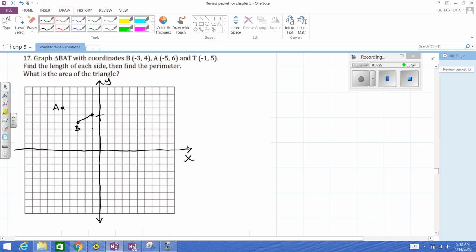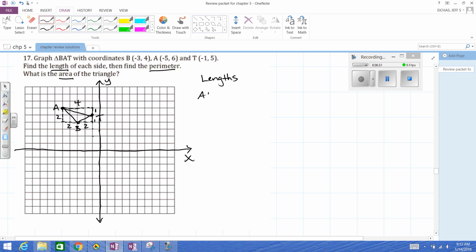Okay, and then there's T. What do we got? Length of each side, and then perimeter. Okay, and then we will do the area as well. So let's start with the length of every side. So 1, 2, 3, 4. Okay, so put the numbers on the graph, and then start going at it for the lengths.